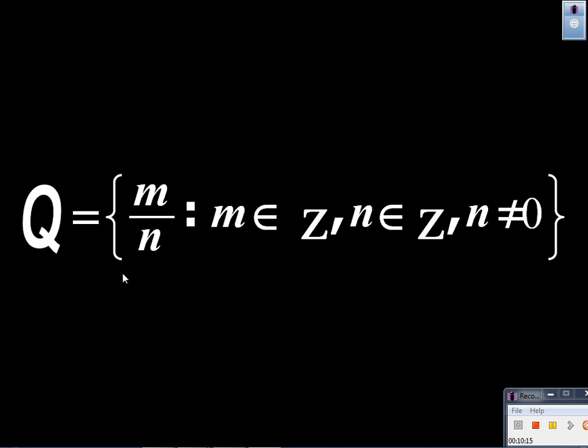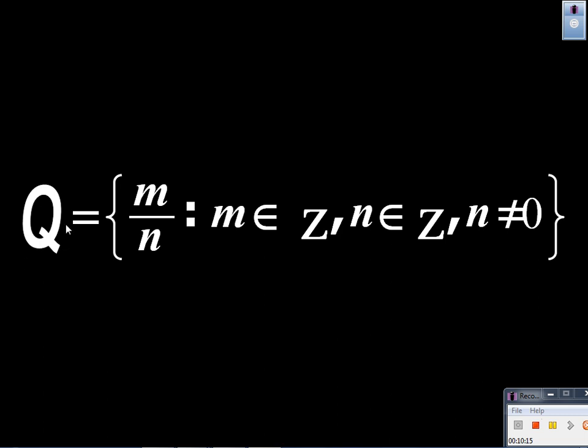Let me explain the definition. Q stands for quintanilla. Yes, aside from quintanilla, it stands for quotient. Quotient is a result of a division. Everybody understand so far? But we also use that symbol to represent all rational numbers. What are rational numbers? Any number that can be represented as a fraction.